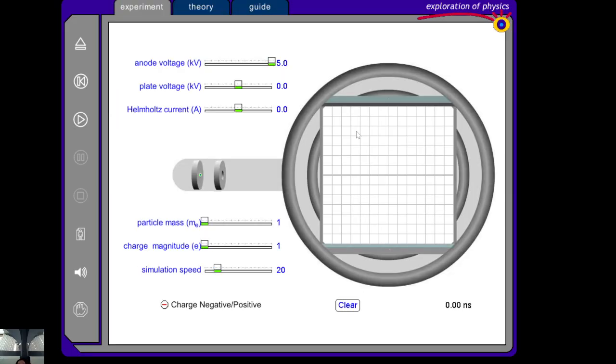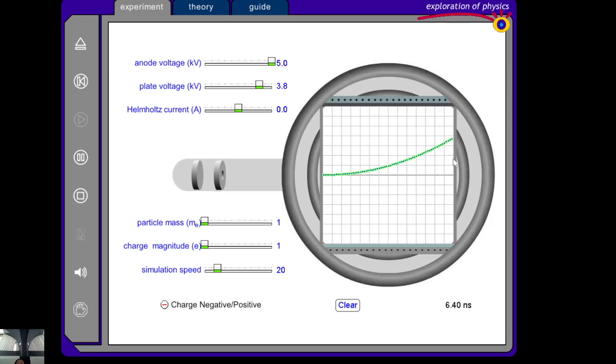Cathode ray tube. Okay, so you have two electrodes. I'm gonna apply a voltage, and I'm gonna shoot an electron. So which way do you think it's gonna go? Up. Right. So here it's accelerating, moving at a constant speed, and now it's gonna be deflected up. And the typical question, so here usually you have a screen, will be find that distance here, delta y.